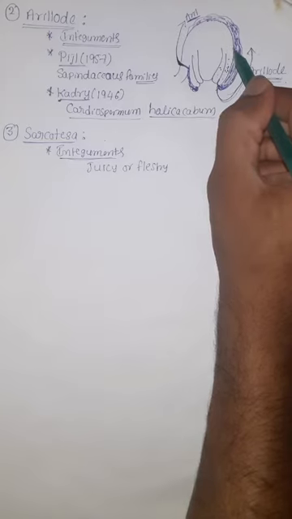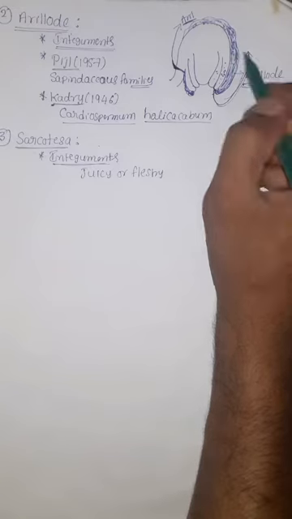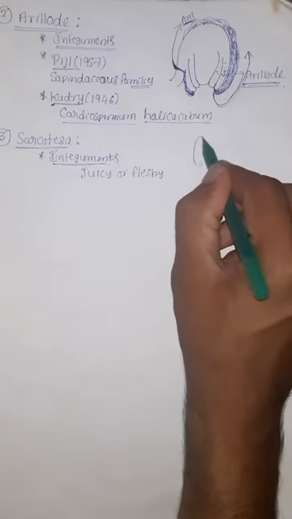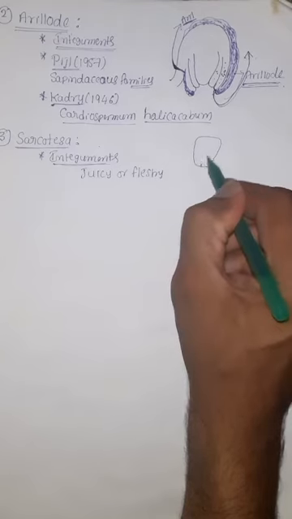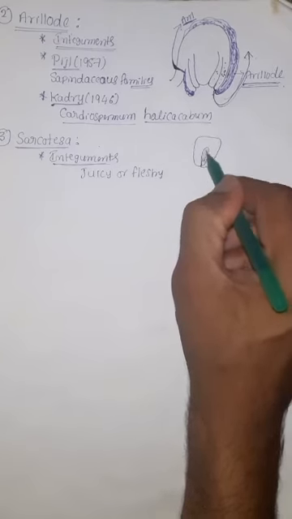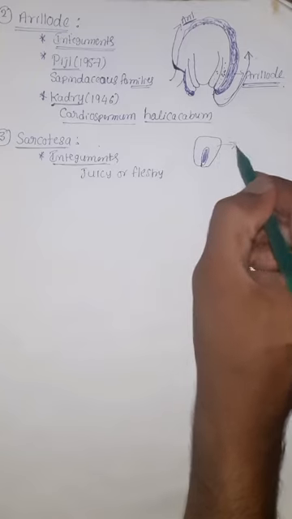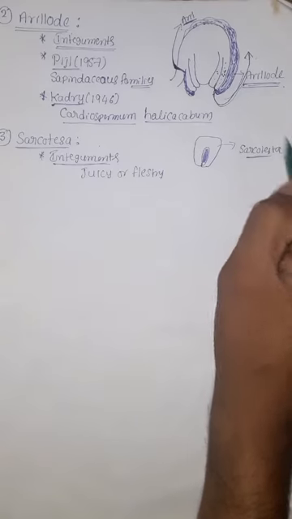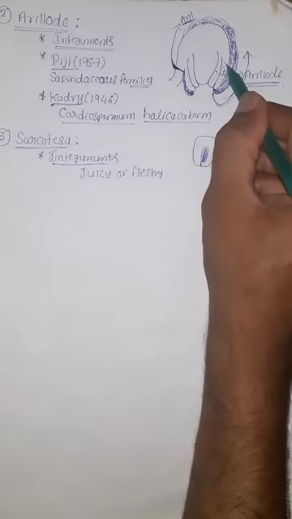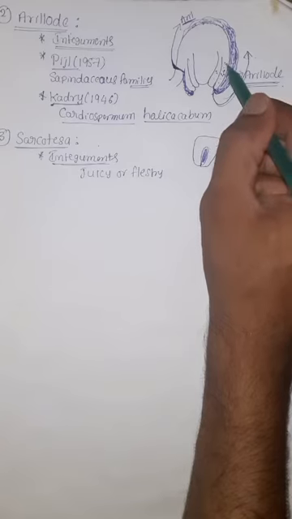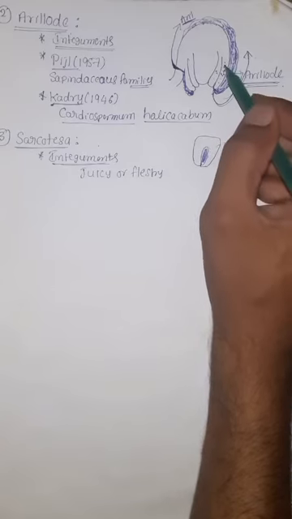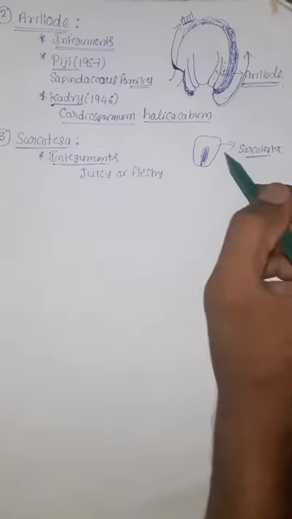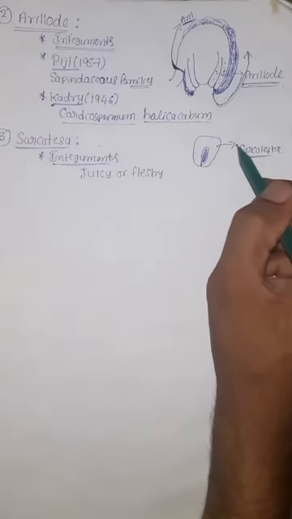We can easily observe this structure in pomegranate. In the pomegranate we can see juicy, diamond-like structures, right? This juicy structure is called sarcotesta. It is nothing but a modified outer integument. The outer integument reserves some materials like fats or pigmented materials, so that it appears juicy or fleshy.